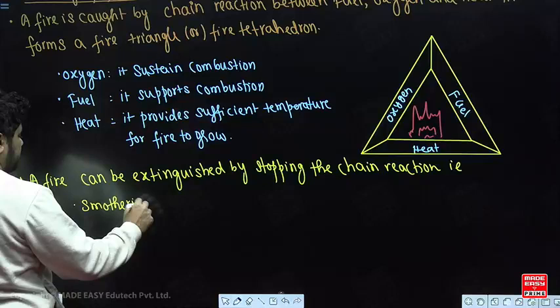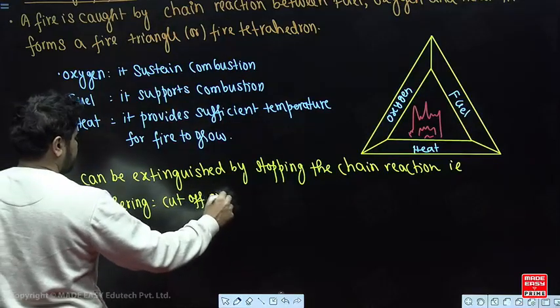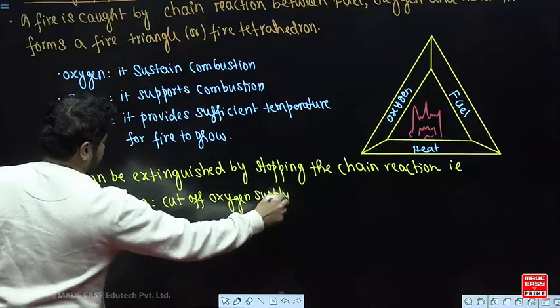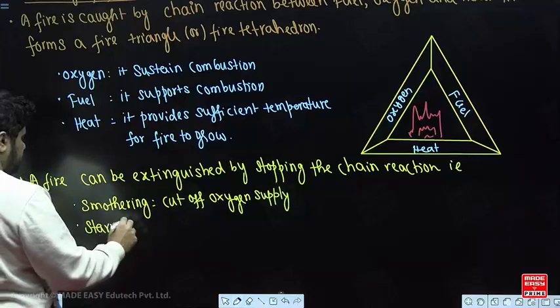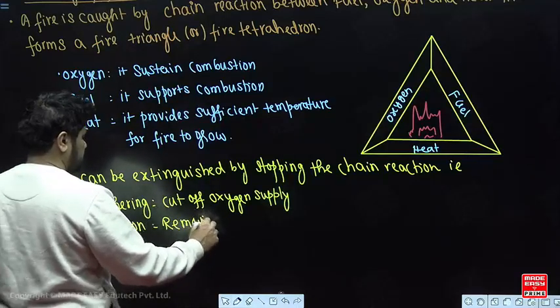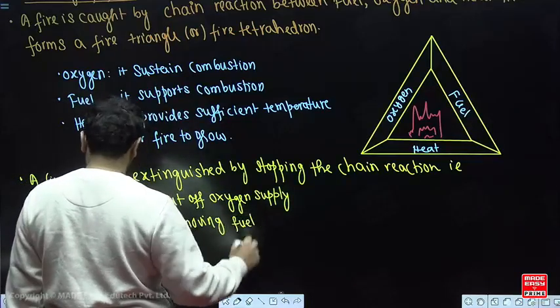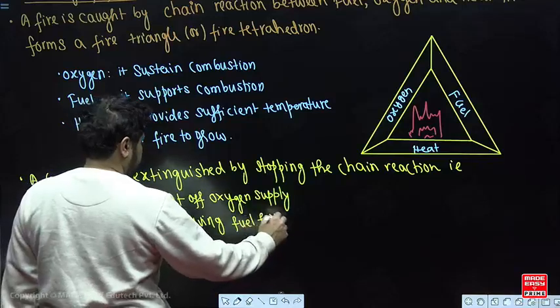What is the meaning of smothering? Smothering means cut off oxygen supply. Correct. Starvation. Starvation means removing fuel from the site.